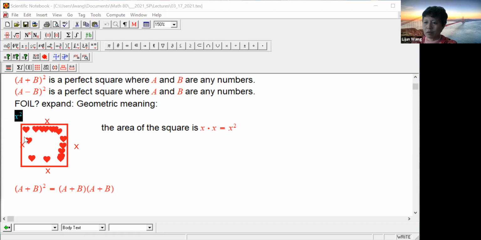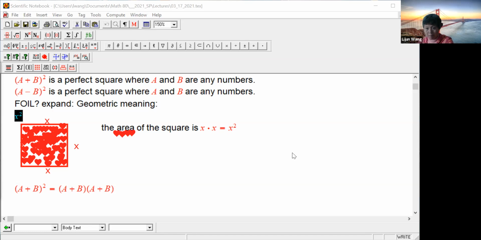It could be vinyl, it could be hard tile, whatever material. We cover this whole thing. The medium that covers the whole piece is called the area. Does that make sense, everybody? So that's the meaning of area.